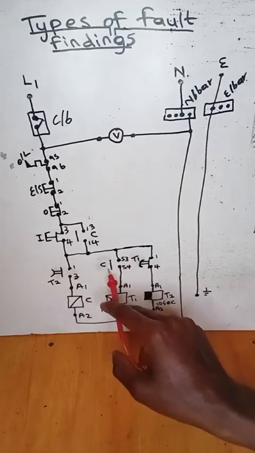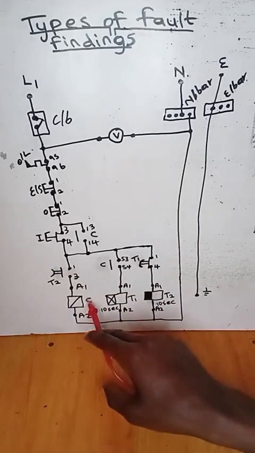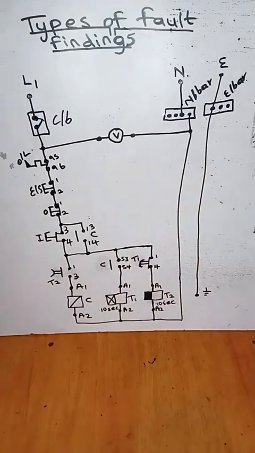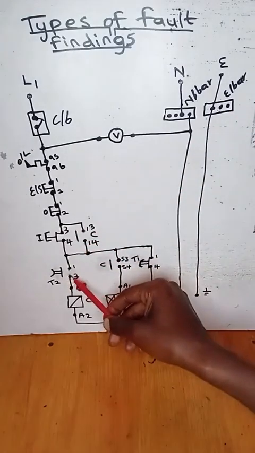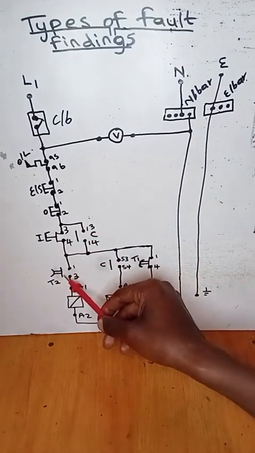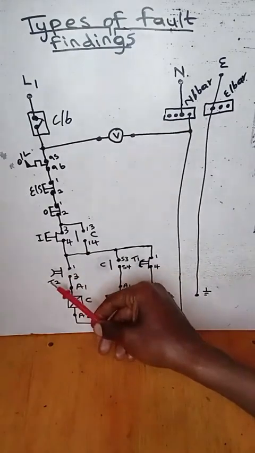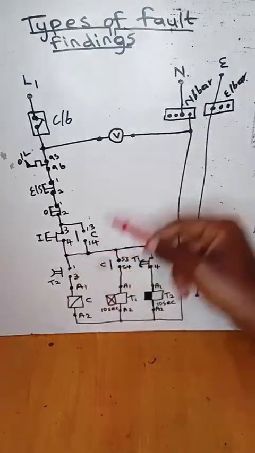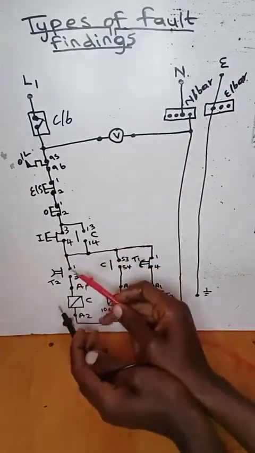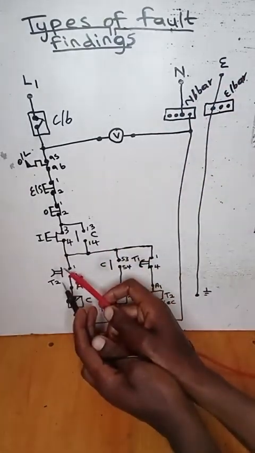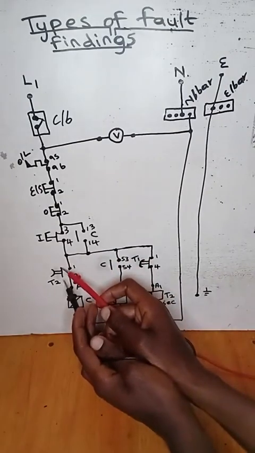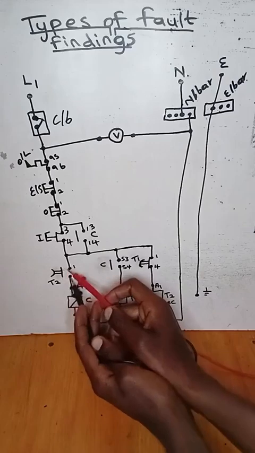And the contact of the contactor is a normally open contact, right? So for the normally open contact of the delay timer, we cannot press something to create a close contact here.